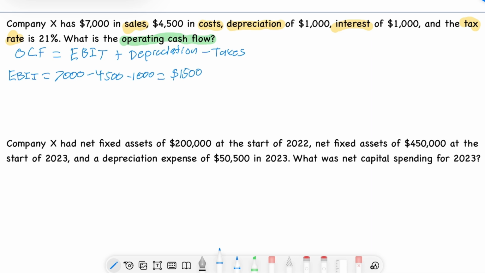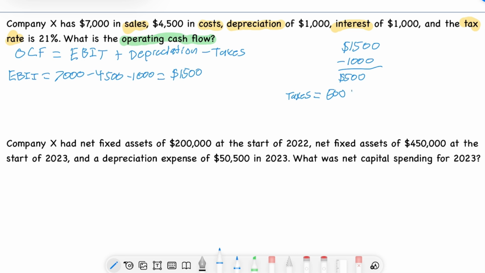Next, we're going to try to find our taxes. So we're going to take our $1,500. We paid $1,000 in interest. So our taxable income is now $500. Remember, this is our EBT, earnings before taxes. We're going to take that 500. This is going to be our taxes.